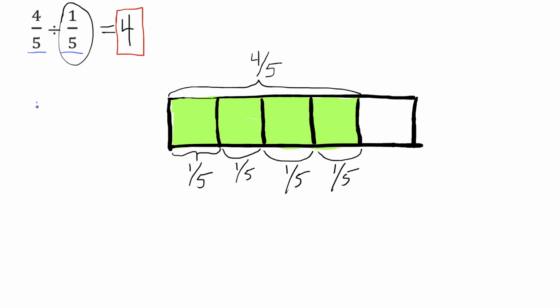This is really just 4 divided by 1 equals 4. Because it doesn't matter that we're talking about fifths or ones or tens or scholars or cheeseburgers or anything. It's 4 of something divided by 1 of the same something. So it's 4 divided by 1 is 4.